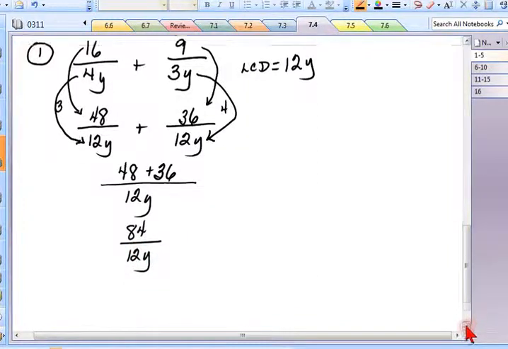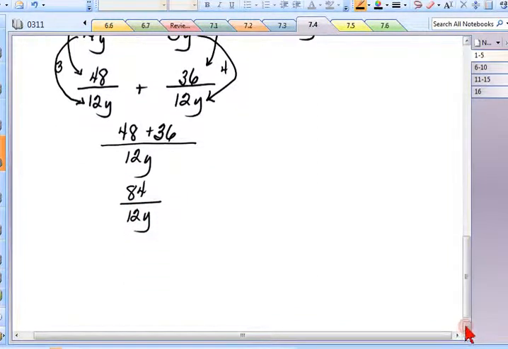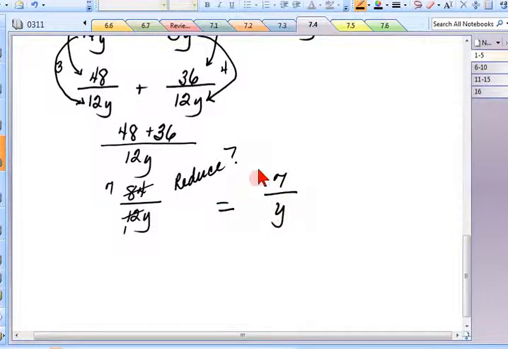And your last step is to always ask yourself if you can reduce. Do you think there's something that goes into 84 and 12y? Yeah? 12 does. 12 goes into itself once. 12 goes into 84 7 times. And my final answer is 7 over y.